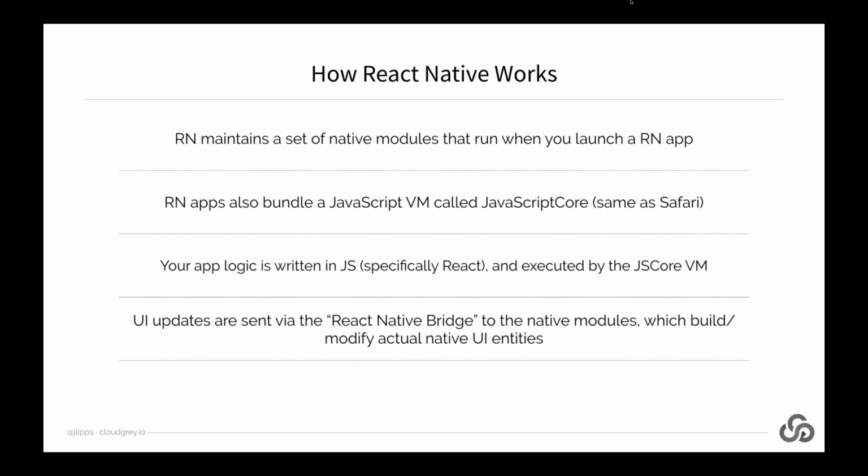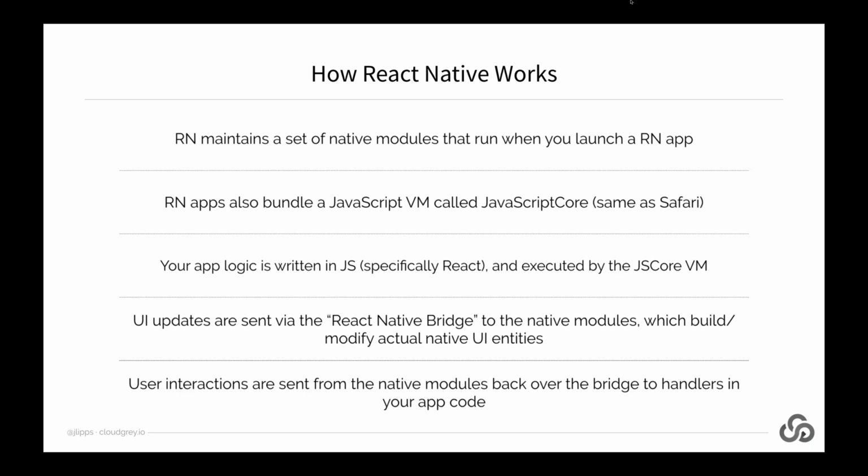But basically, what this does is it allows user interactions and feedback to go from JavaScript to the native layer and back. That means that you can code up all of your UI components or all of your user event handlers in JavaScript, but actually, in reality, they're being built and handled by the native modules.